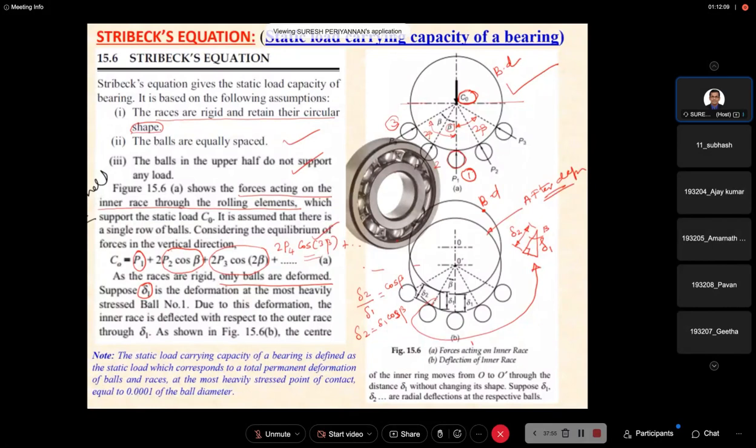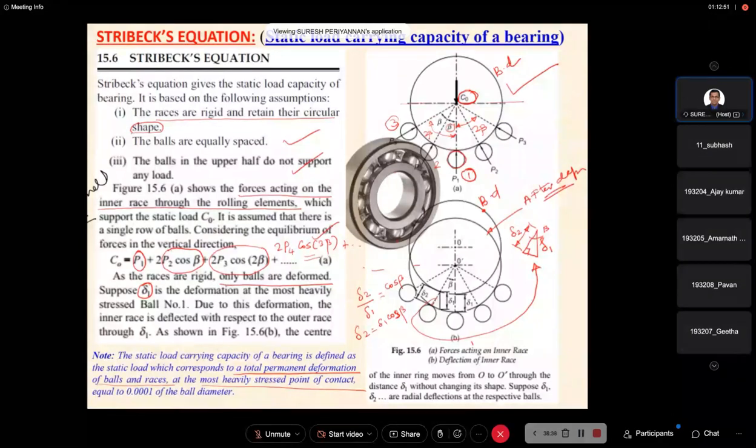Now we move to the further derivation. The static load carrying capacity of a bearing is defined as the static load which corresponds to the total permanent deformation of the balls and races at the most heavily stressed point of contact, that is equal to 0.001 times the ball diameter.